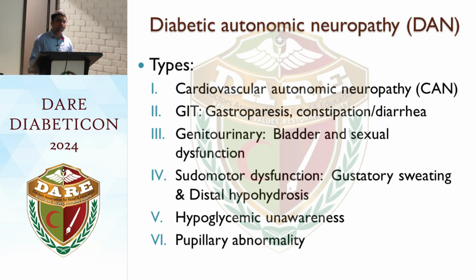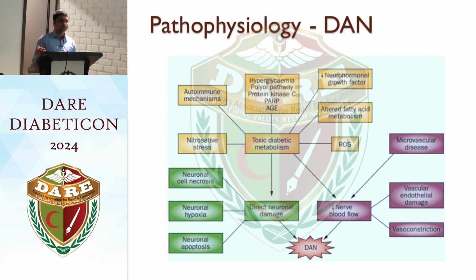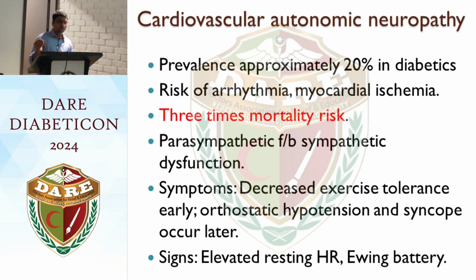Many times in clinical practice, patients come with dizziness, and we tend to treat them with betahistine or so. That is not going to help the patient, because the pathophysiology behind the dizziness is different. It is basically orthostatic hypotension which is causing the dizziness. The symptoms we are treating are more vestibular related, so the patient will not get relieved.